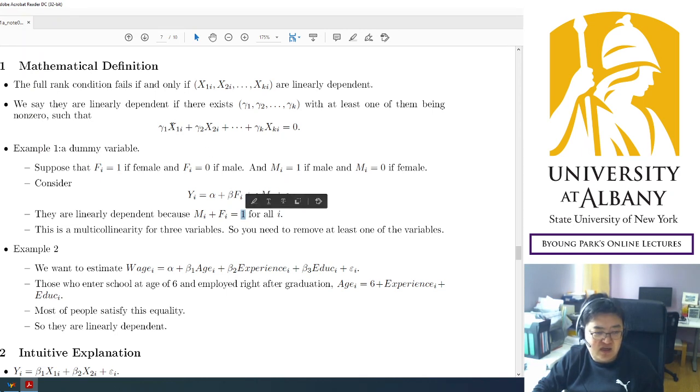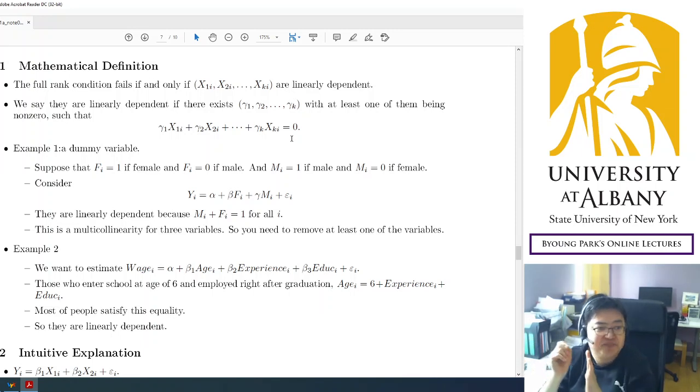Then you may think, so in this case, you need to think that x1 is the intercept, right? And x2 is male, and x3 is female, anyhow. So then I will put -1, 1, 1. Then you will always get 0.